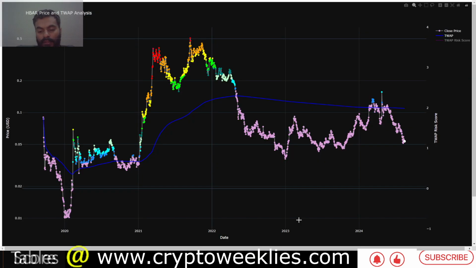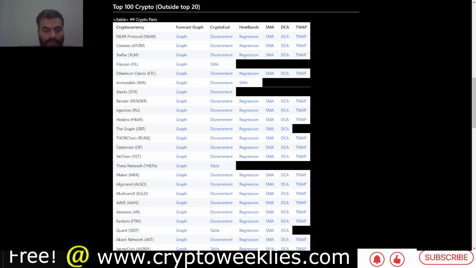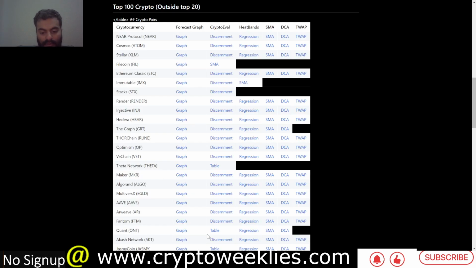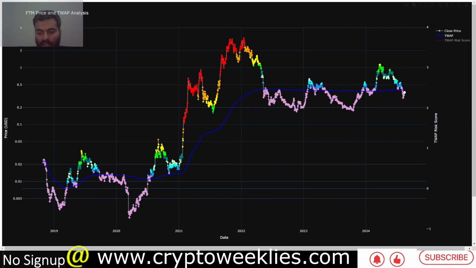And in terms of longer term time weighted average price based accumulation analysis, you can see over here the time weighted average price, which is the line in blue. Apologies, this is the time weighted analysis for Fantom's price.